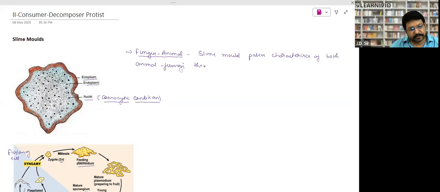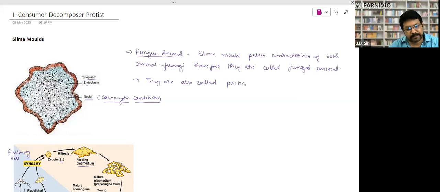Therefore they are called fungal animal. That's why we call them fungal animal, because they have the characteristics of both, right? They belong to kingdom Protista. They are also called protistan fungi, because they are like fungus and they belong to Protista, right?